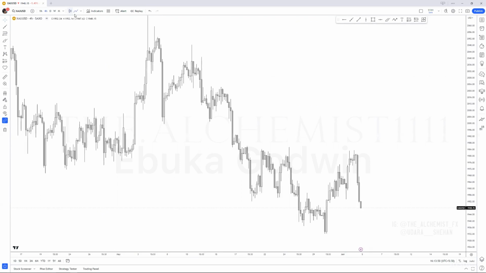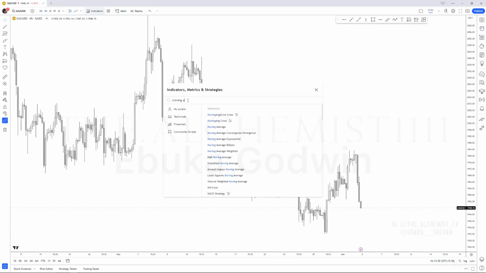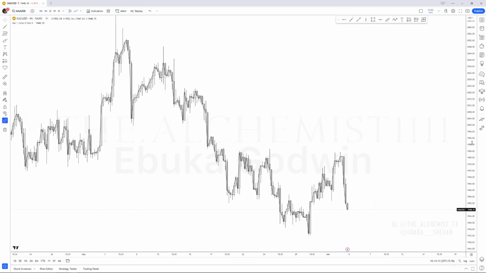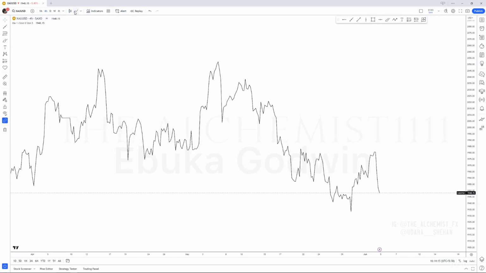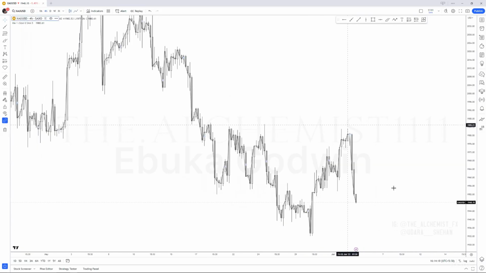If you don't want to switch back and forth from candlesticks to line chart, you could go to indicators, take the moving average, and set its length to 1. And there you go. You have the line chart on the candlestick chart itself. You have the line chart and the candlestick both together.